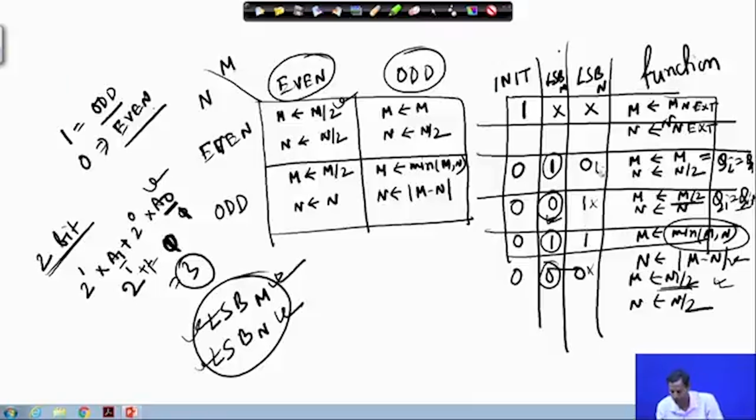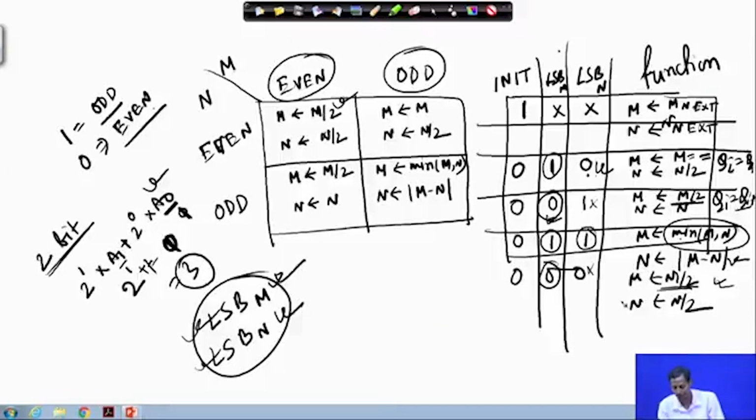That means for n, it depends on the changes in the LSB of n. So, when this is odd and this is n, at that time m equals m, but when this one and the LSB of n are also 1, at that time this is not m, it is something else, that means m equals the minimum of m and n.